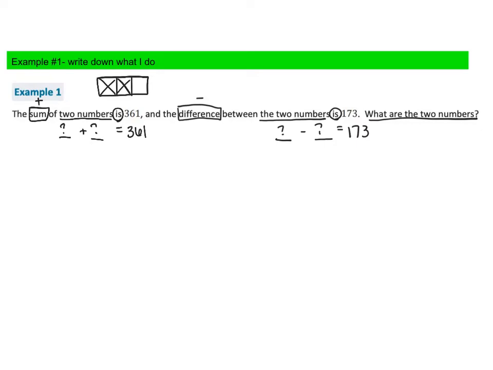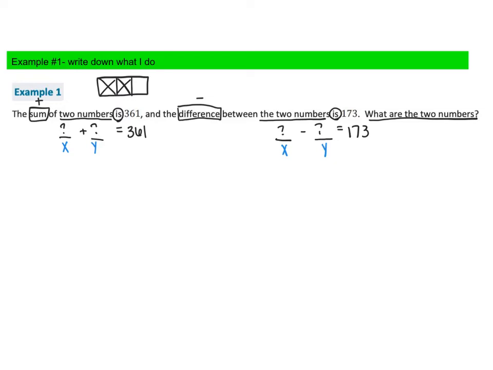Read for my second time, did some annotation. Now this third time I read, I'm actually going to try to define my variables here. So the sum of two numbers, I'm adding two numbers together, and it equals 361. I don't know what those numbers are, so I have to use a variable. I'm just going to use x and y. And the difference of those same two numbers, same two variables, x and y, is 173.